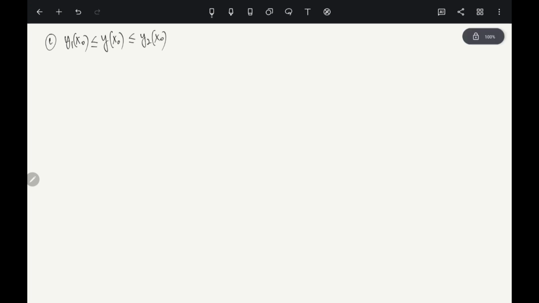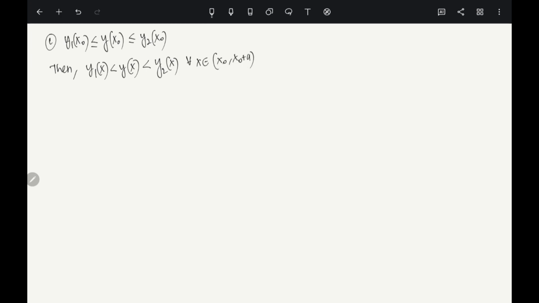Let's just assume this. Then, as earlier, if it is dominated at the initial data, it will be dominated everywhere. So y1 of x is dominated by y of x, which is dominated by y2 of x. Clear? This holds for all x in the open interval x naught to x naught plus a.